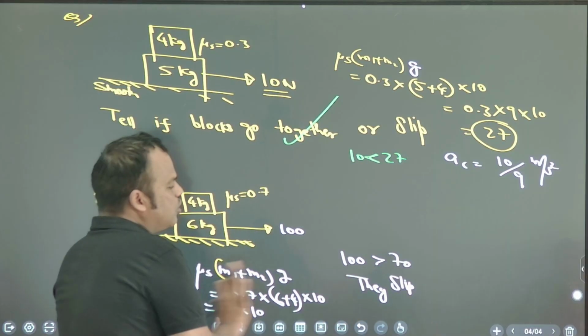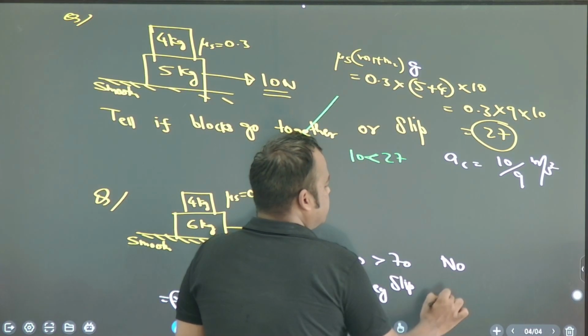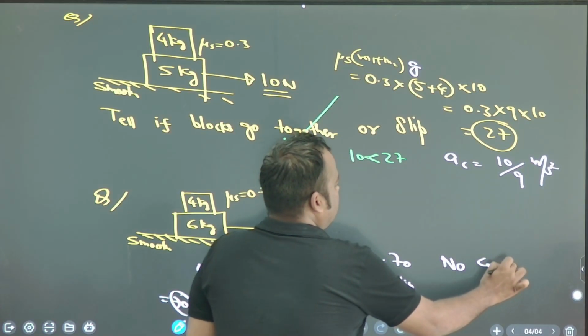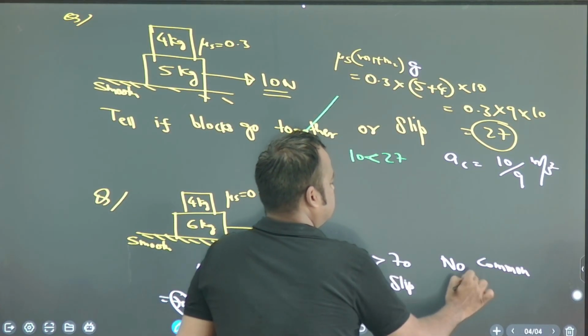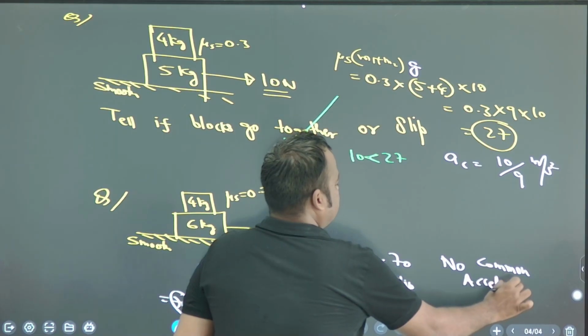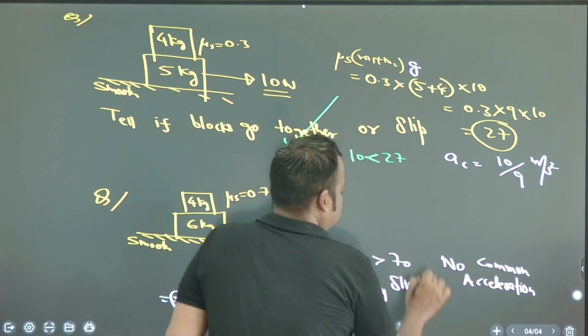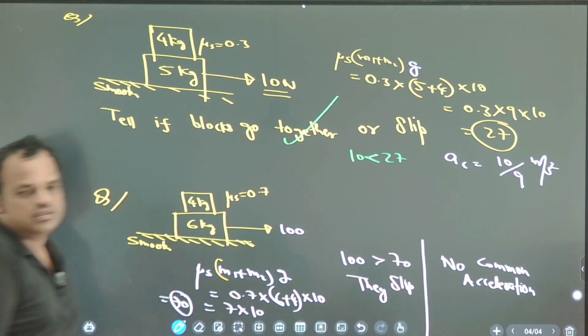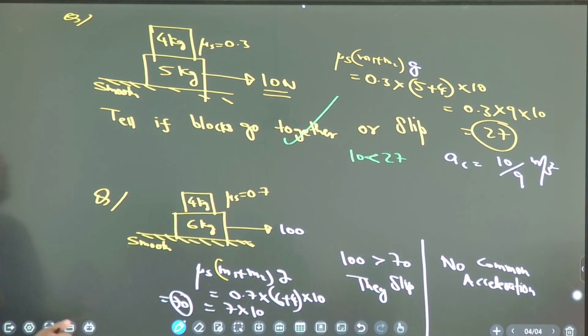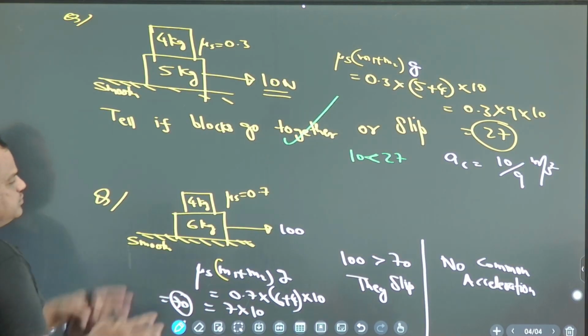They slip, so no common acceleration. They slip means no common acceleration. Okay, understood? Are you getting it? No common acceleration, they will slip.